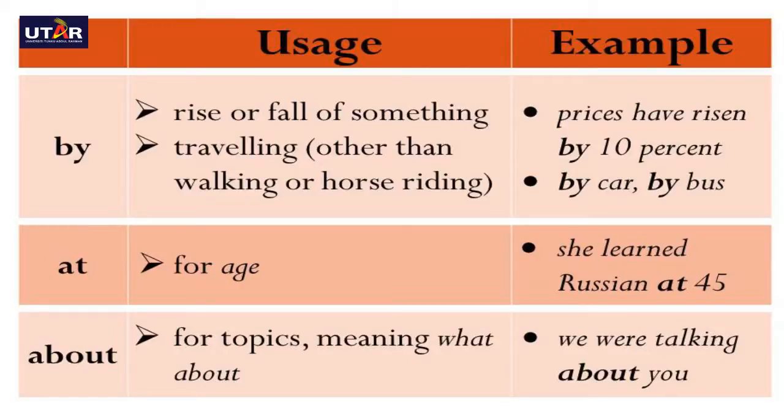And in terms of transportation, if you were to move from one point to another using a vehicle, you will state by followed by the vehicle. So here, please remember, when you are talking about moving from one point to another, you have to know what the mode of transportation is. If you are using your own legs, of course, you would say on foot. And also, if you are using public transportation, it would be by bus.